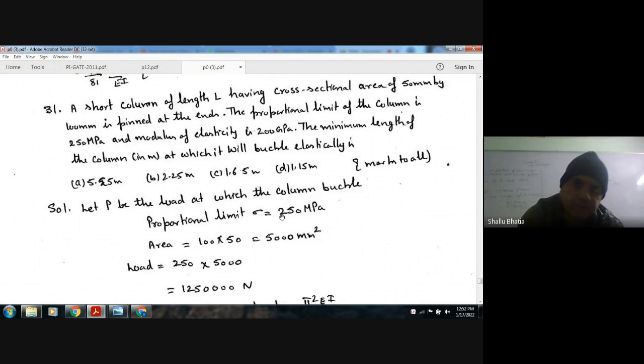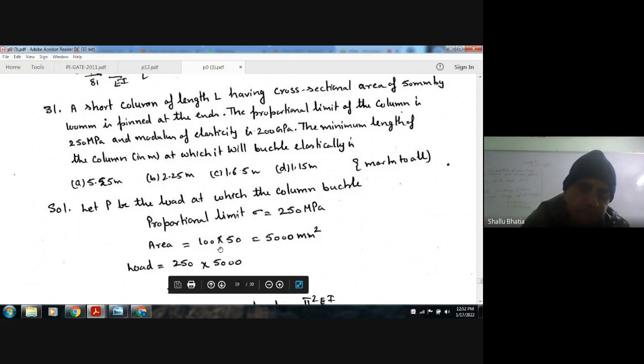The proportional limit of the column is 250 MPa and the modulus of elasticity is 200 GPa. The minimum length of the column at which it buckles elastically is... Given that, let P be the load on the column and the proportional limit of the column is 250 MPa.